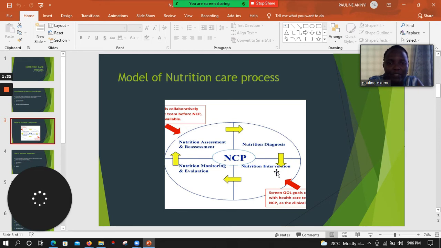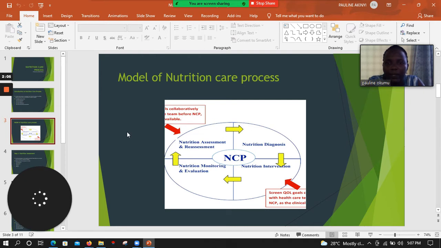From diagnosis we have nutrition intervention, which is the third step of the care process, and then we have nutrition monitoring and evaluation, which is step number 4. So this model helps healthcare professionals, and nutritionists being one of them, to provide quality care to individuals who need nutritional help.